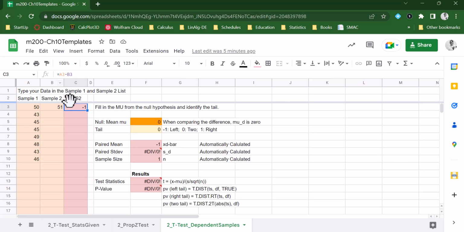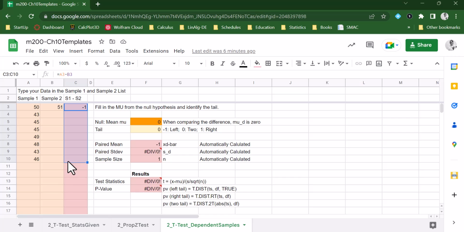And all you need to do is the subtraction for the first one. So A3, the first cell, minus B3, the second cell, and then we're going to get that value. I'll press enter, and then from here we will click and drag to fill in the rest of this.